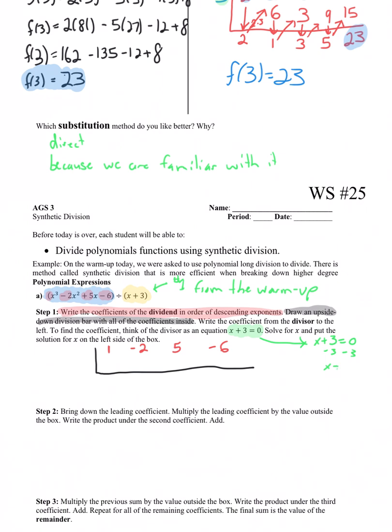We're going to subtract 3 from each side, and we're going to say x equals -3. That's going to go outside of the bracket here, the upside down division bar. So instead of labeling all those terms with the variables, we're just doing the coefficients only.